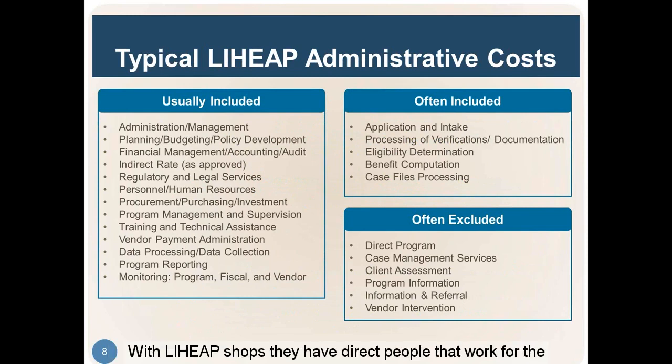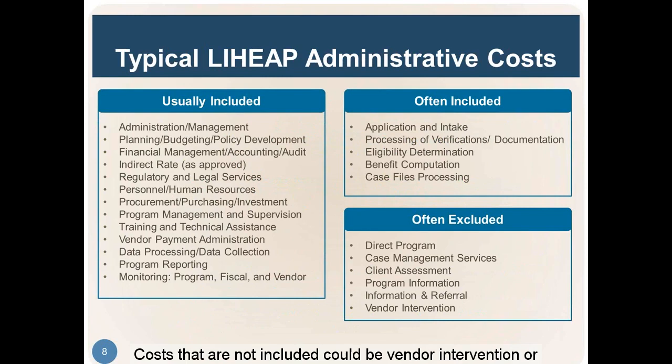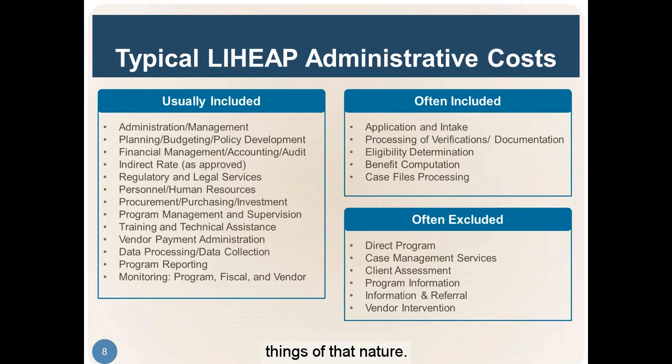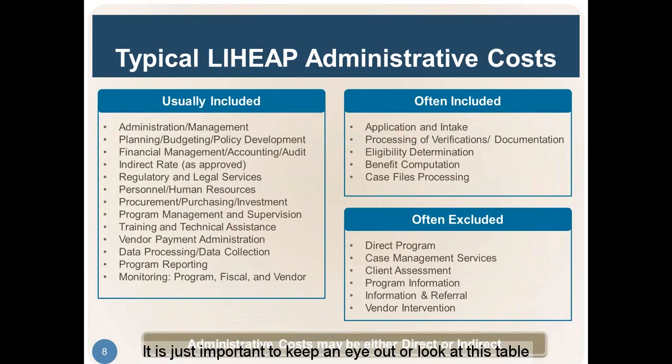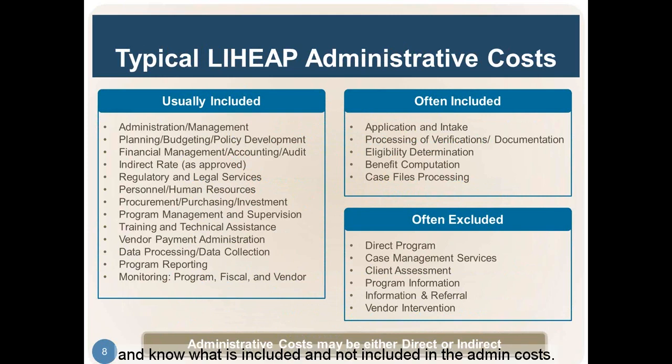The LIHEAP shops have direct people that work under the program, and they're usually included under admin costs. Costs that are not included could be vendor intervention or things of that nature. So it's important to look at this table and know what is included and not included in admin costs.